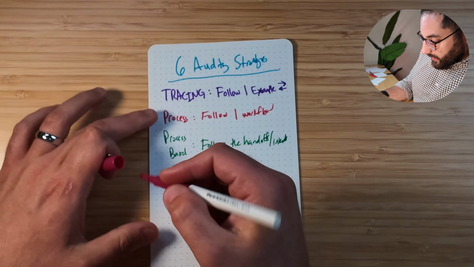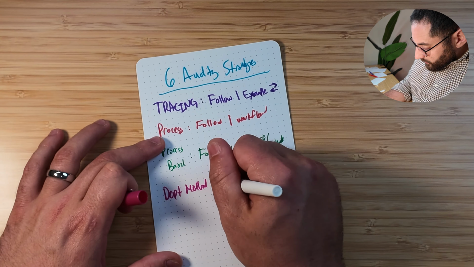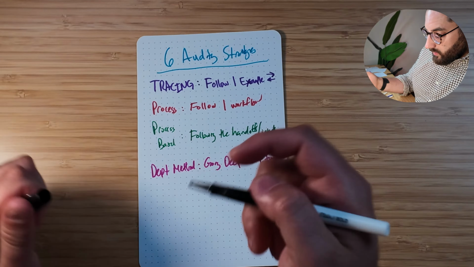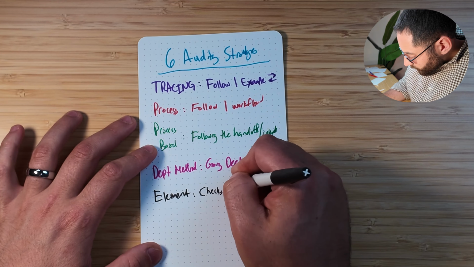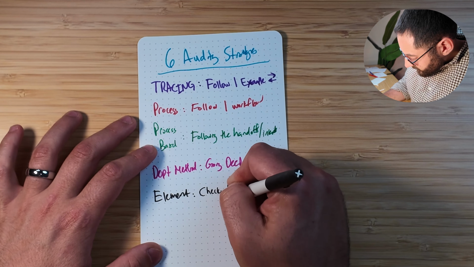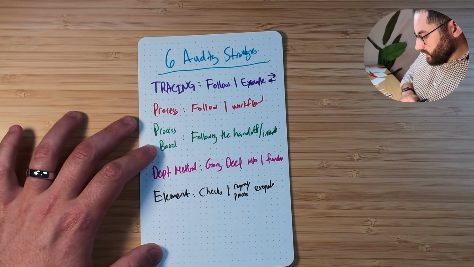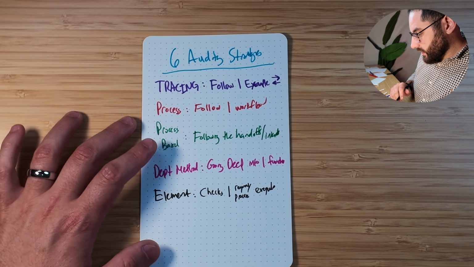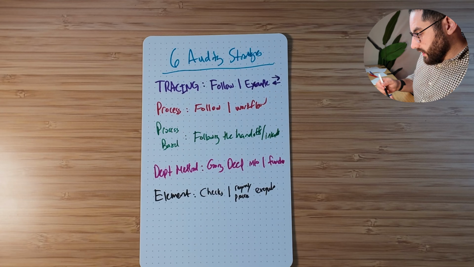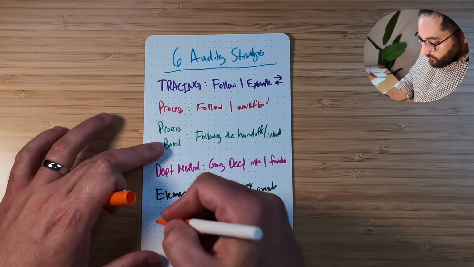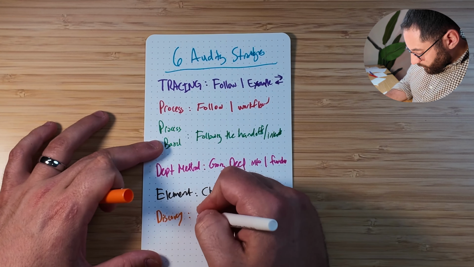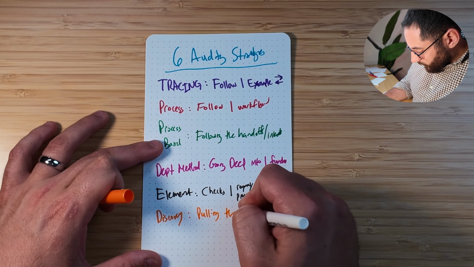Then there's the department method, and here you're going deep into one function. The element method checks on one requirement or process everywhere. We're doing a supplier quality audit across the entire organization. We're looking at doc controls across the entire organization. And then lastly, there's the discovery method, where you're pulling on the string, pulling the thread.